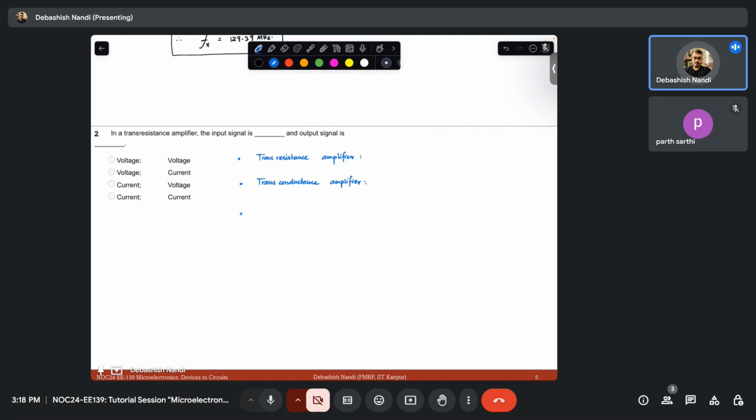Another two will be your voltage gain amplifier, and the other one will be current gain amplifier. Okay.